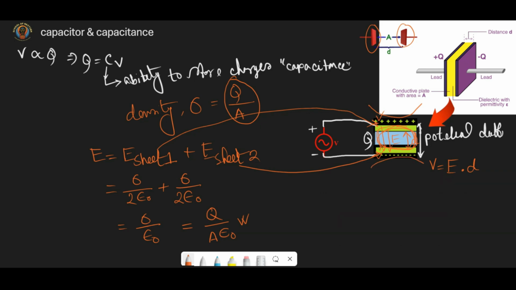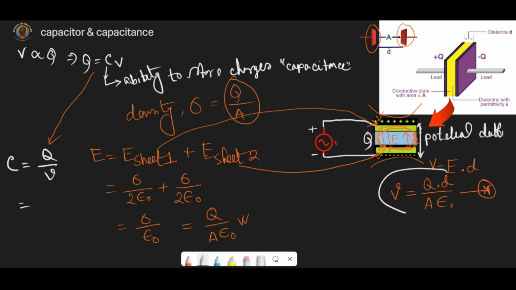Anyways, now let's plug in the value of electric field here. So the potential difference V equals, the value of E being Q over A epsilon naught, times D. So this is the equation. And obviously we have to determine the value of capacitance. So C equals, we know, Q over the potential.